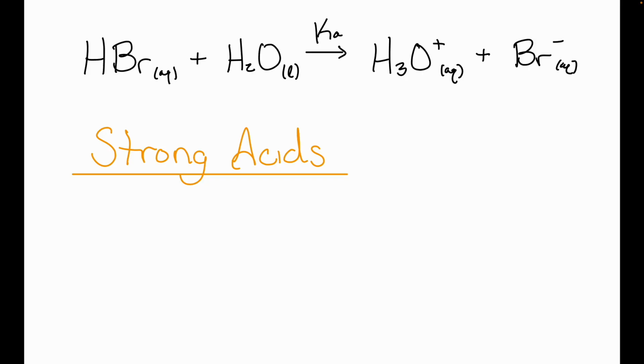A strong acid is classified as a strong acid because it has a very large Ka value. Right? I'm talking like 10 to the 10 or something like that. Some huge number.